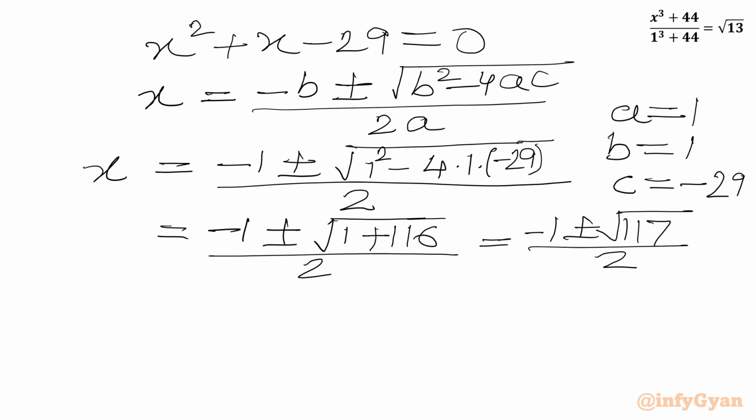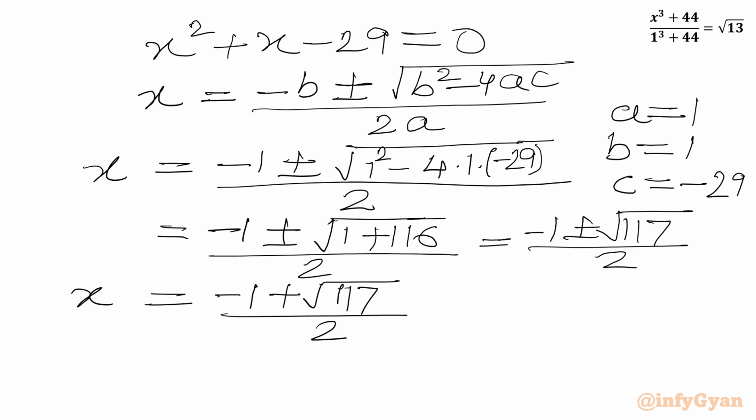So I will be writing two values: x = (−1 + √117)/2 and x = (−1 − √117)/2.